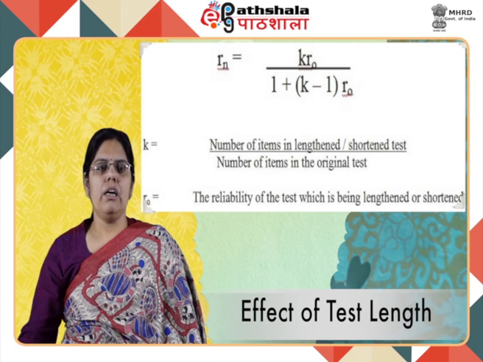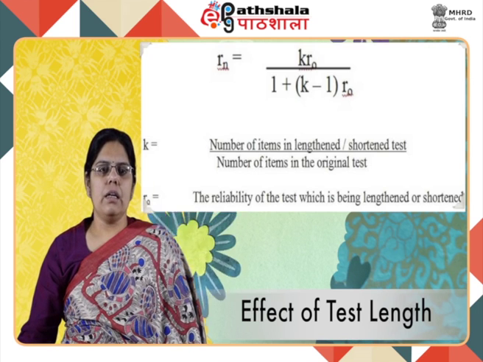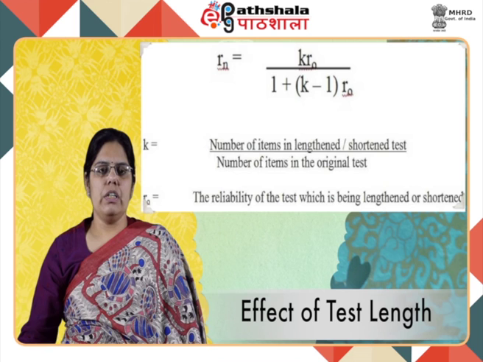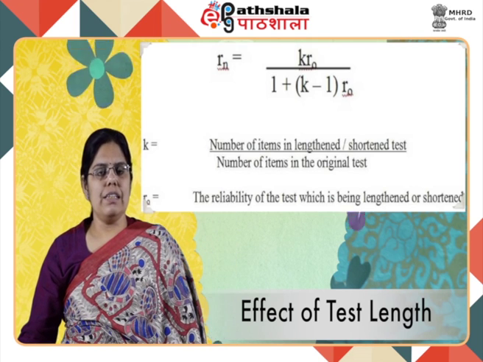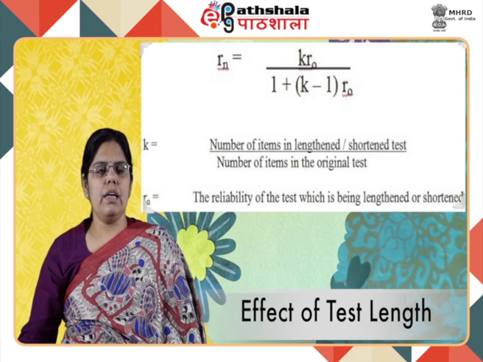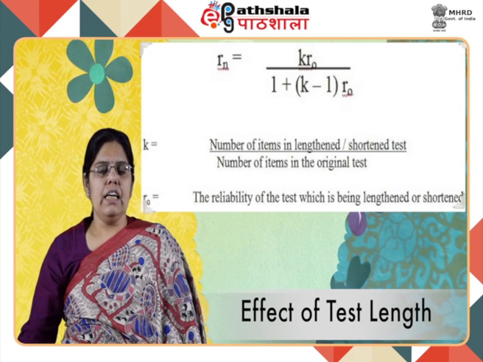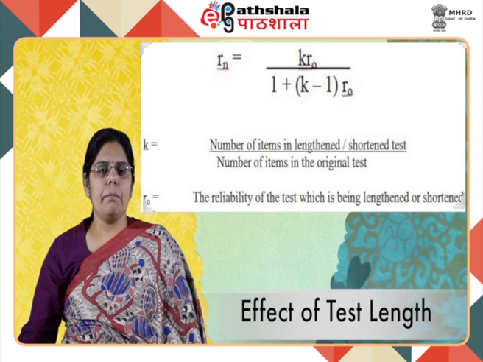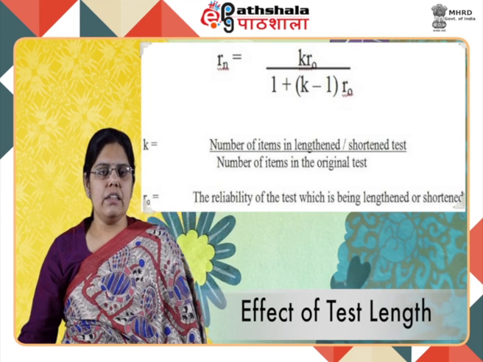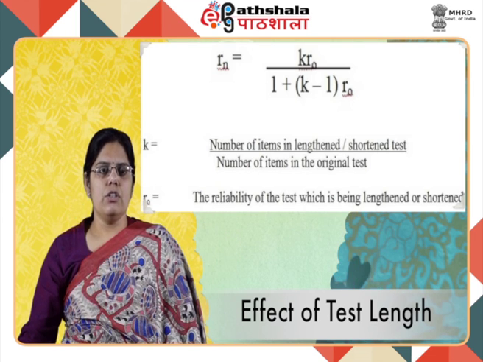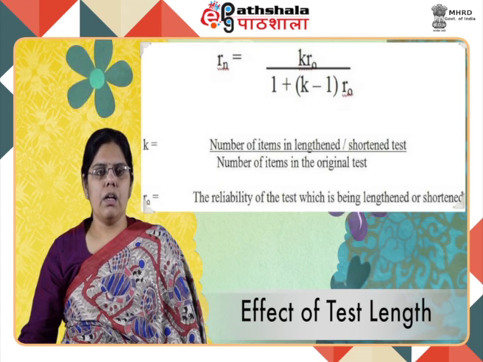In this formula, K represents the number of times by which the test is larger or shorter than the original test. RO represents the older reliability of the test. Mathematically, to calculate K, it is the ratio of the number of items in the lengthened or shortened test to the number of items in the original test.